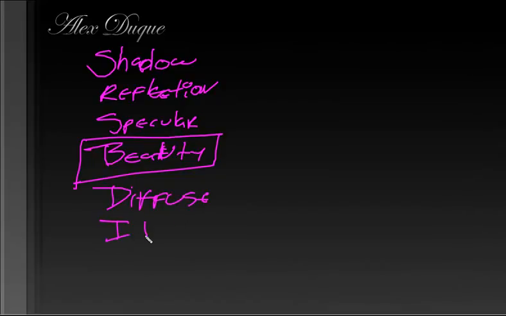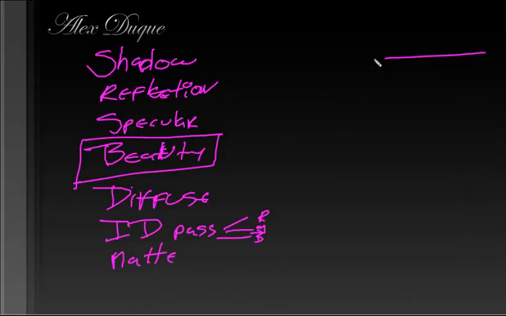You have some that are more advanced, which are called ID passes. Those are like RGB renders. You have matte passes, which are like masks. Say you have a character that's walking from here to there on the screen, and that character goes over this thing that's in front of him. This thing in front of him is a CG element.